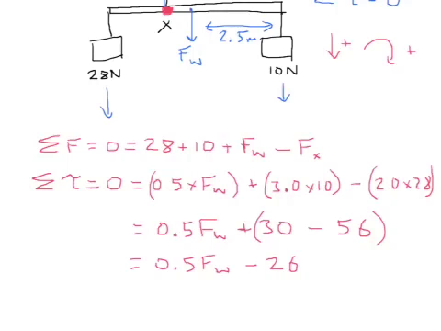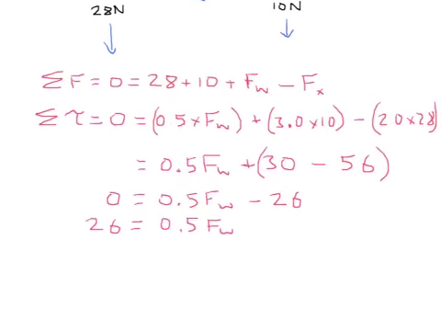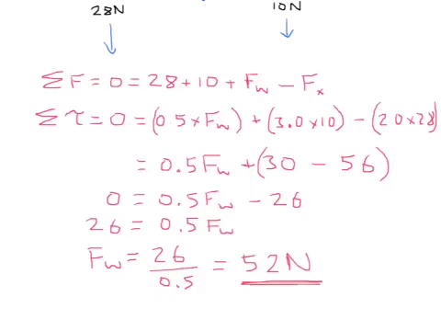So we can rewrite this equation, remember that was 0 equals, so we can rewrite it as 26 equals 0.5 Fw, which means to find Fw, it's going to be 26 divided by 0.5, which is actually the same as 26 times 2, which equals 52 newtons. Gives us that force there.